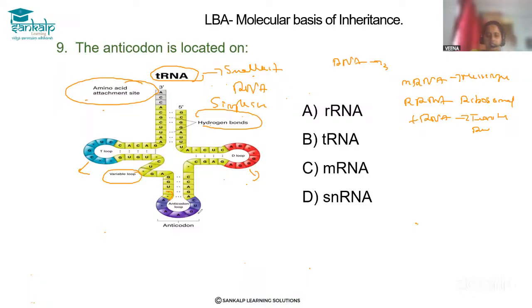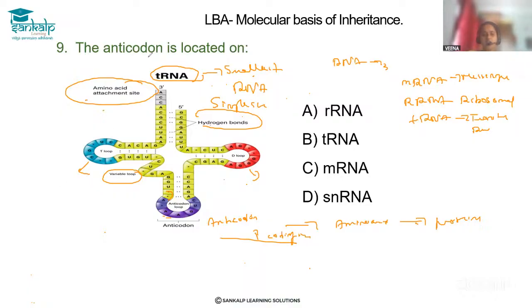Here it contains the three triplet codon called the anticodon. This anticodon will pair with the mRNA sequence of the coding region, so it forms a particular amino acid. That will become the protein. This is the function of tRNA.